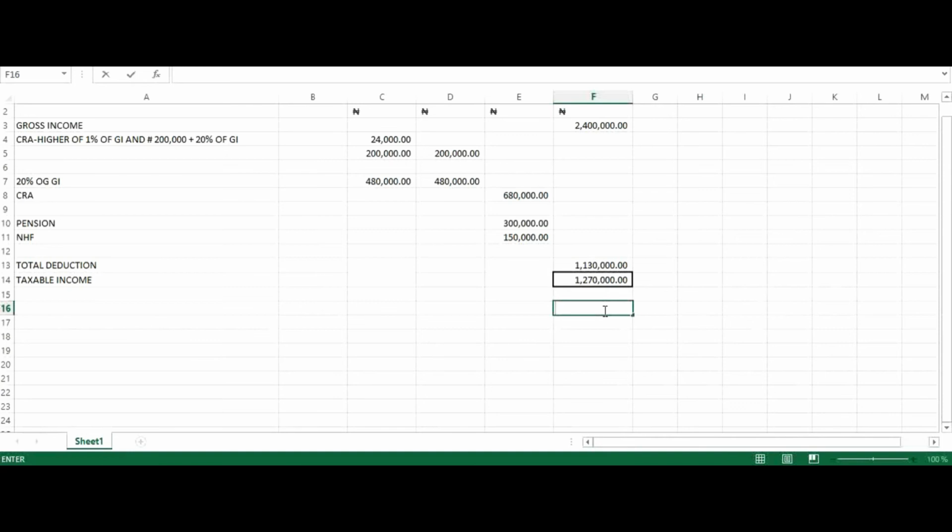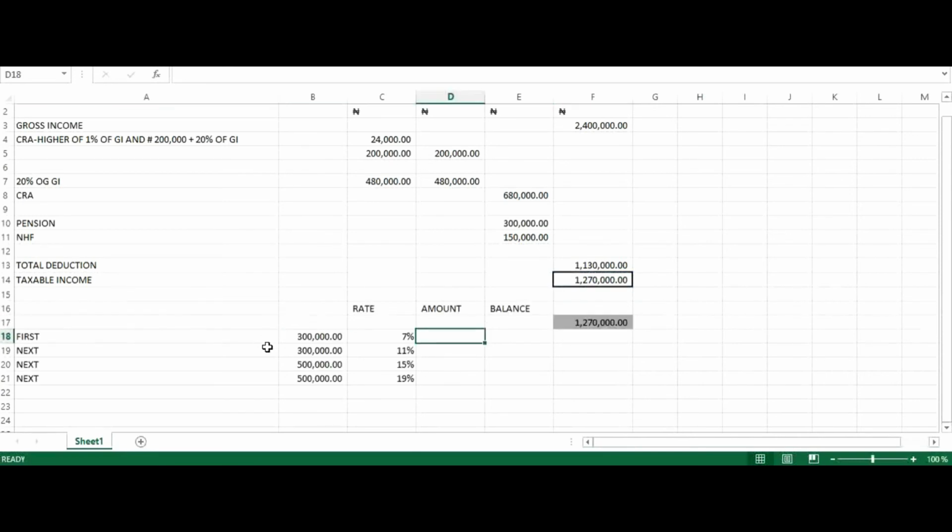So the first thing, let's bring this down. We have our tax rate: the first 300,000 out of this 1,270,000 will be subjected to 7%. So 21,000.